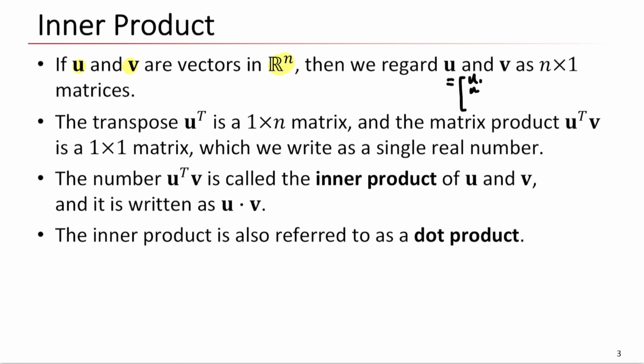vector u is something like u1, u2, through un, right? And vector v is v1, v2 through vn. We can say that these two vectors are n by 1 matrices, right? So it means that we can compute the transpose of the vector u.